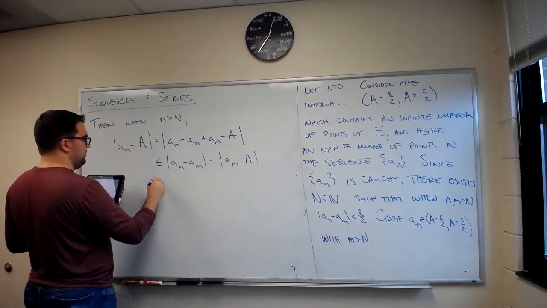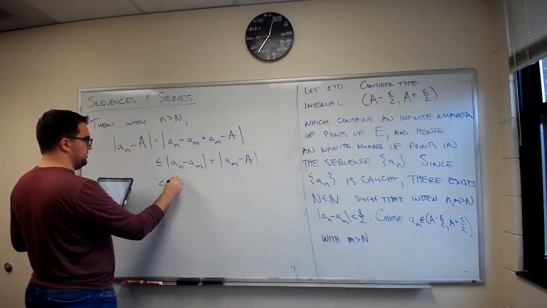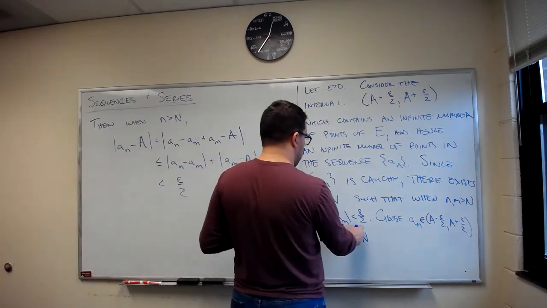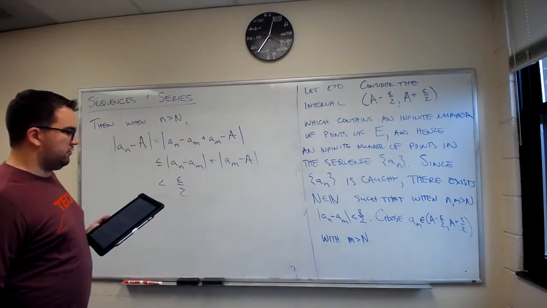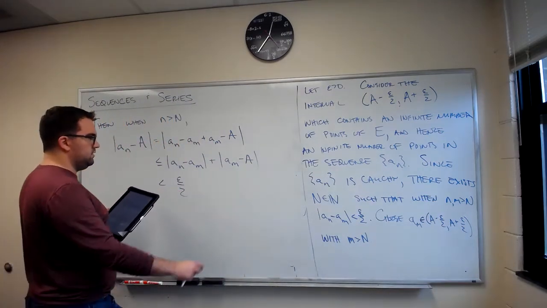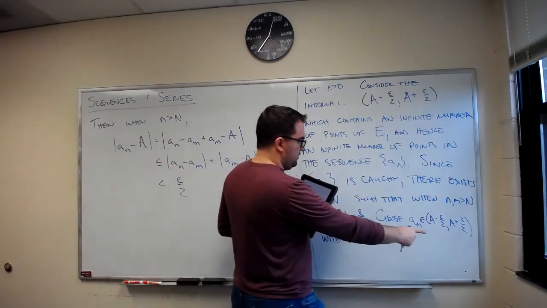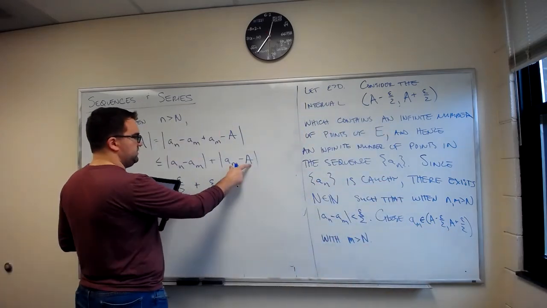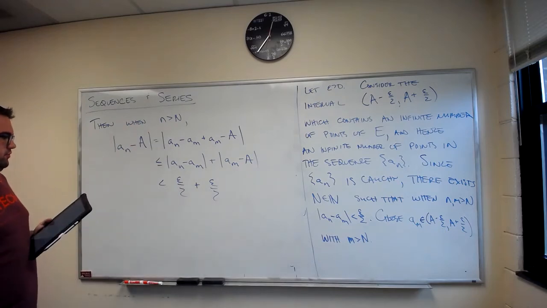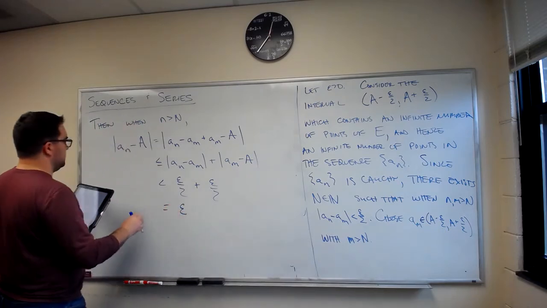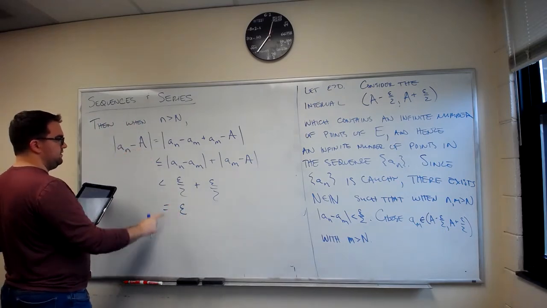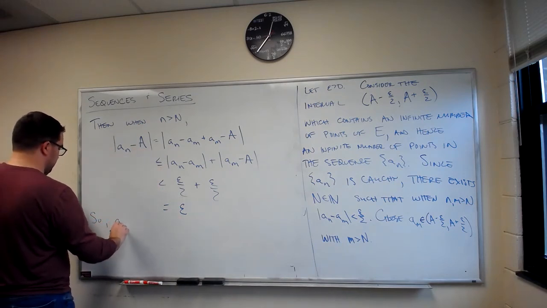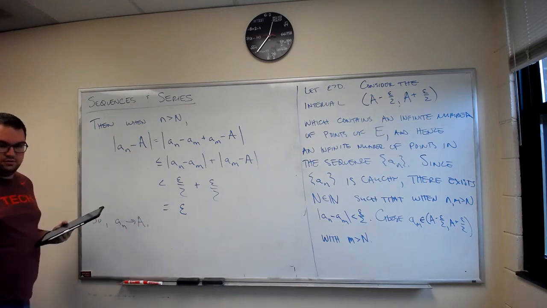Now my sequence is Cauchy, so this can always be made less than epsilon over 2. In fact, we've already said this is less than epsilon over 2 when n and m are greater than capital N. But remember, I chose this point a_m to lie in this set, and so this distance must also be less than epsilon over 2. And so what do I have here? I have that a_n minus a is less than epsilon. And so a_n converges to a.